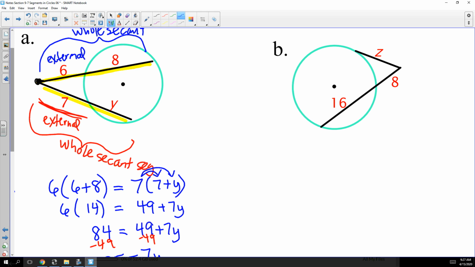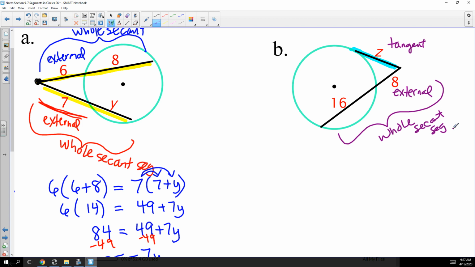So now we see in this picture for B, we have an external tangent, that's z. So we're just going to go ahead and label that as a tangent, right? And then we have an external piece of a secant segment, and then we have a whole piece right here, the whole secant segment.